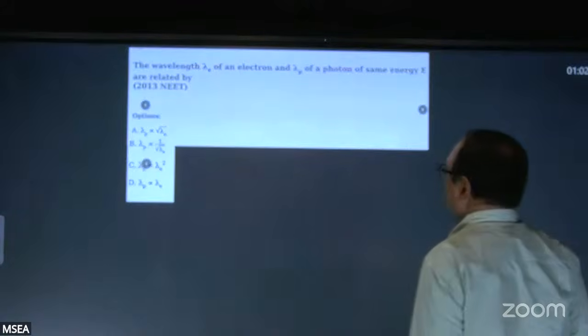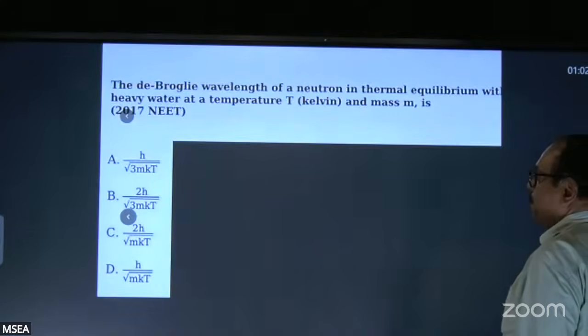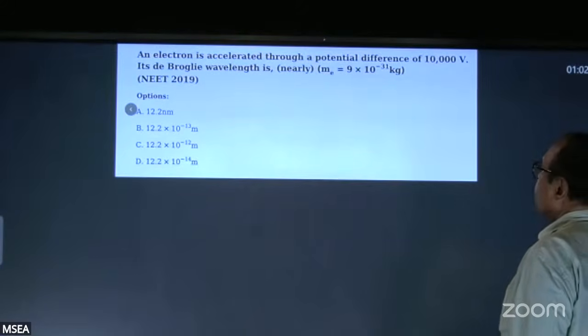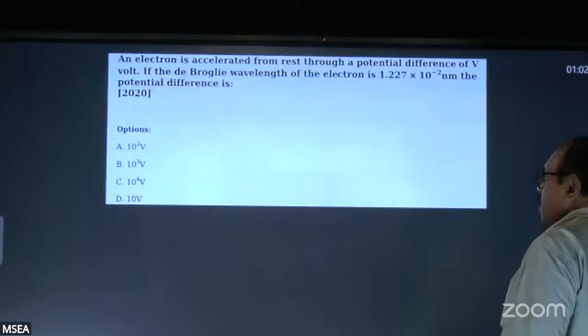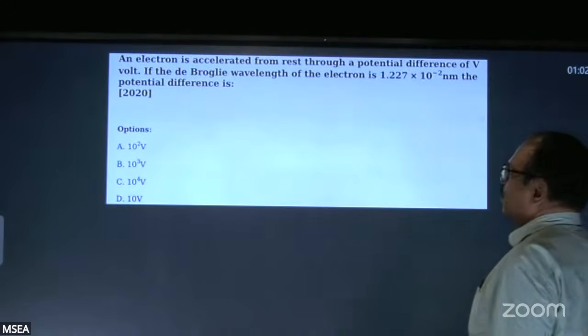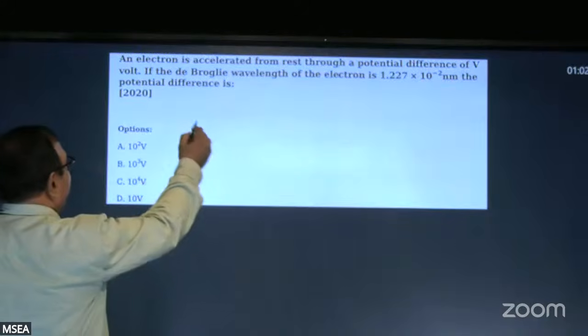So these things are important. One thing you have to remember. Now, I even want to discuss the graphs. This one is also important. Just now I said, this is for the electron.